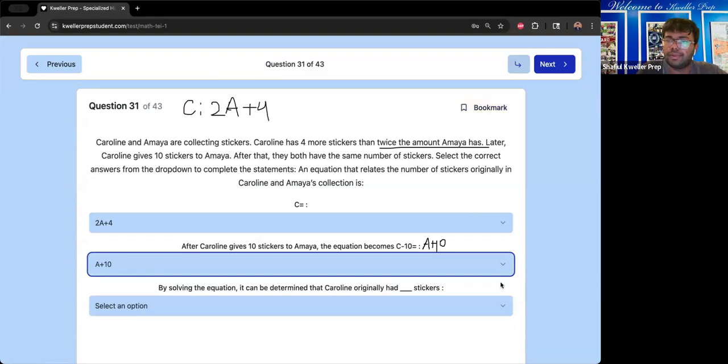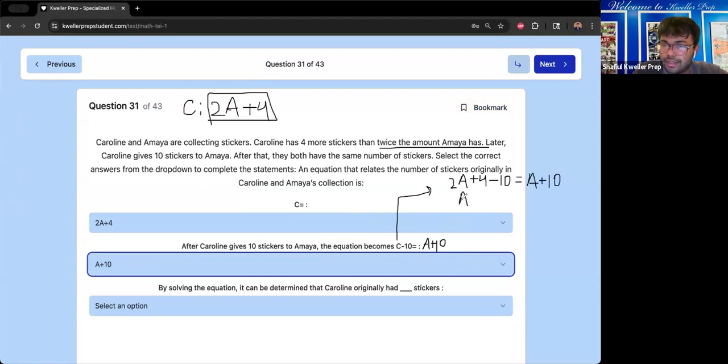And then the last part, by solving the equation, it can be determined that Caroline originally had. So how do we solve the equation? You know, c is equal to 2a plus 4. Just plug it into this part here. 2a plus 4 minus 10 is equal to a plus 10.